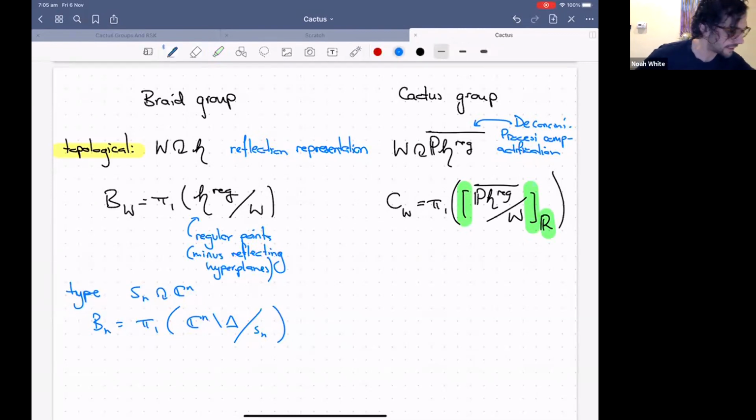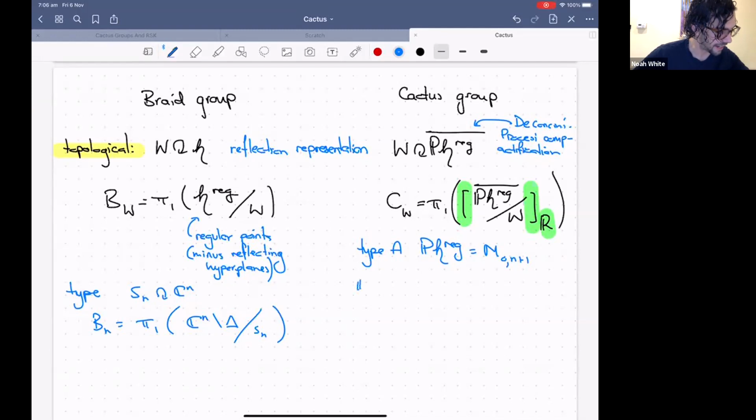And let me just spell out what this is in type A. So in type A, this reflection representation is the moduli space of n+1 points on P1.